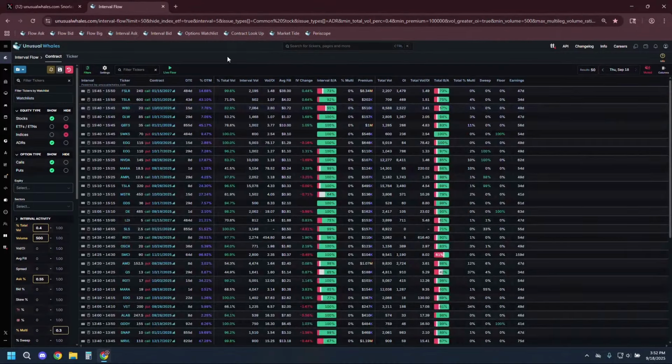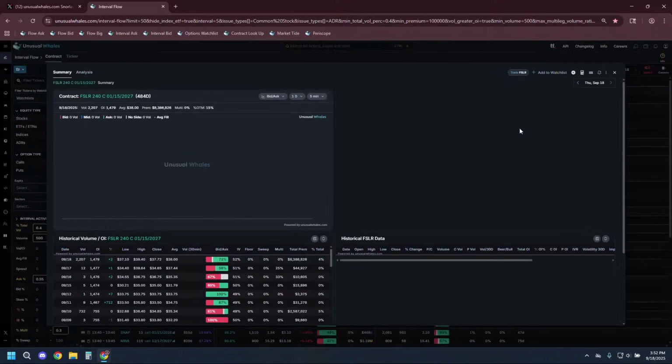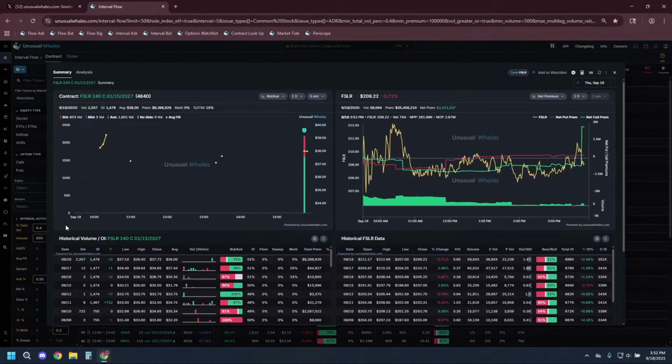So for instance, let's just look at a couple random chains here. So this chain, we have very likely opening activity, 2,200 volume, right? What could the open interest be tomorrow? The open interest can be anything between 2,200 and 2,200 plus 1,400.